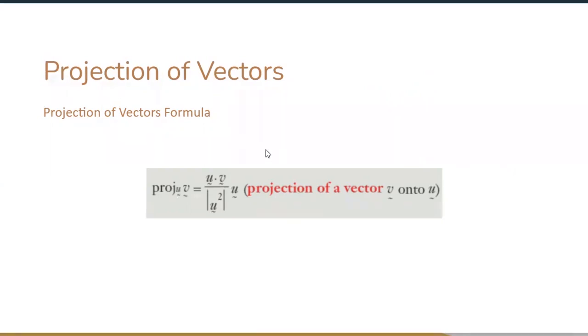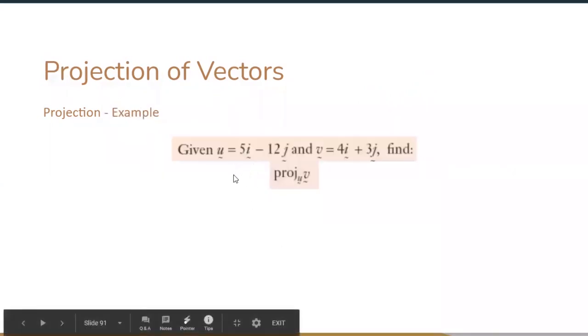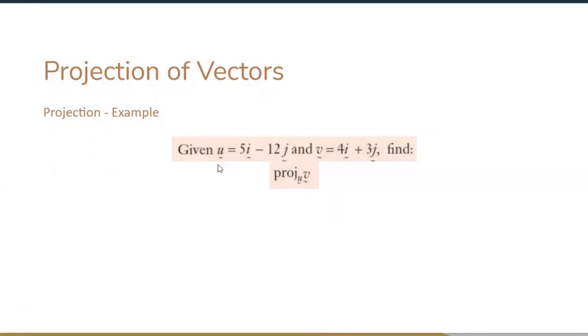So now let's look at an example of how we do this. What we're doing here is we want to find the projection of v onto u. If we look at that formula, that's going to be u dot v all over the magnitude of u squared, times u.